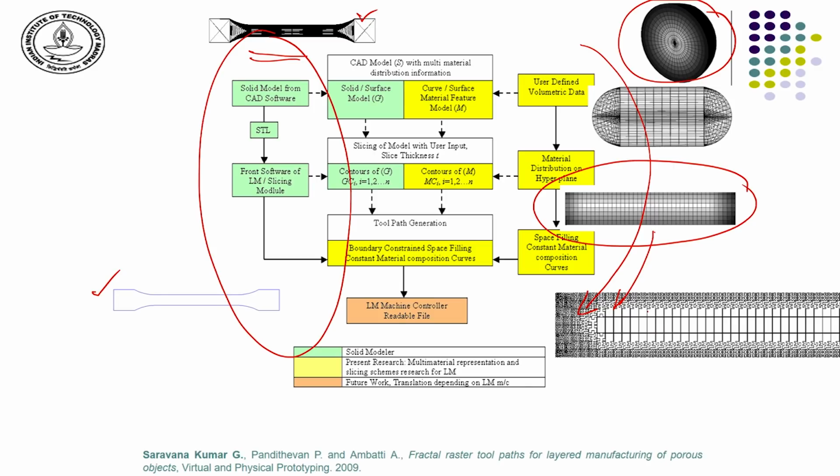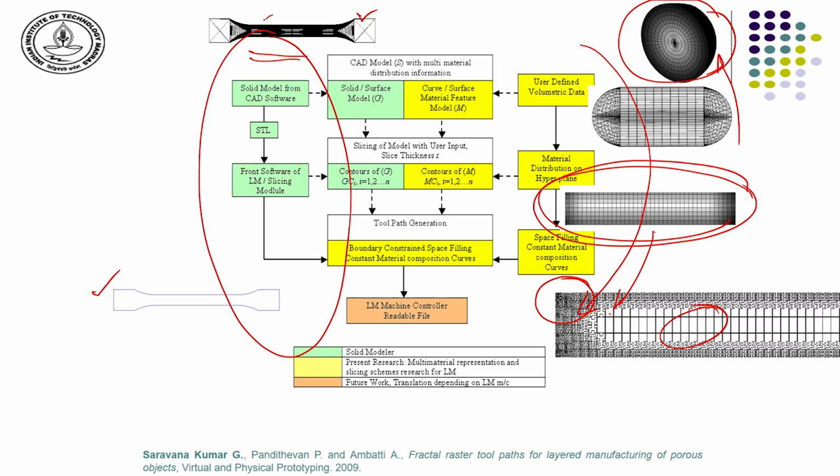So, one can presume these paths that are shown here as paths taken by the nozzle which is depositing the material, or one can think of this as the paths that are being traced by the laser to sinter the material. So, we can see that more material is deposited or sintered in this region as compared to this region, thereby creating the material heterogeneity as described in this layer by this model.